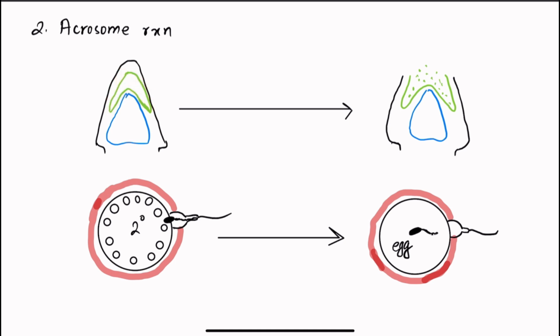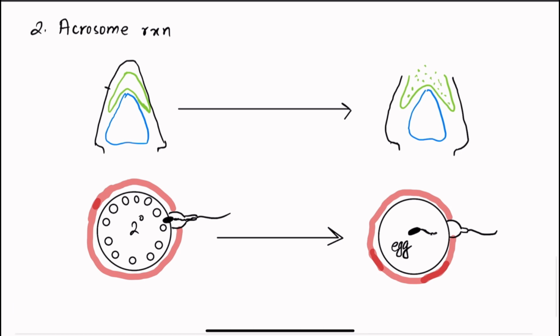Attachment points are created both on the plasma membrane and the acrosomal membrane. At these attachment points, the two membranes fuse. As a result, this area of the head of the sperm gets removed due to the formation of pores, and the sperm finally looks something like this.